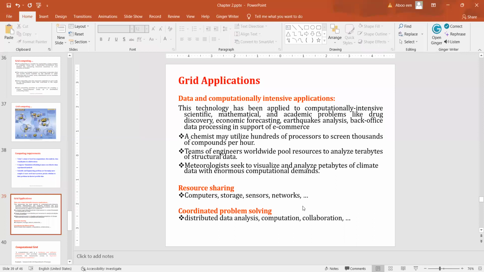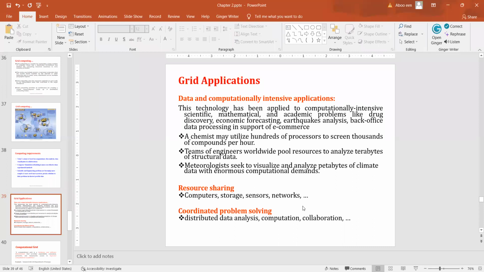Like you might have heard about megabyte, gigabyte, terabyte. These kinds of thousands of millions of bytes of data can be easily analyzed for engineering related tasks and activities.